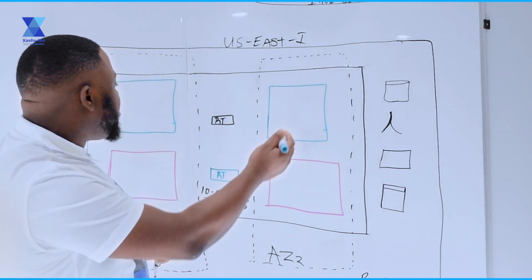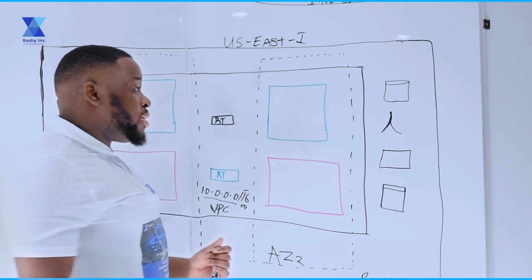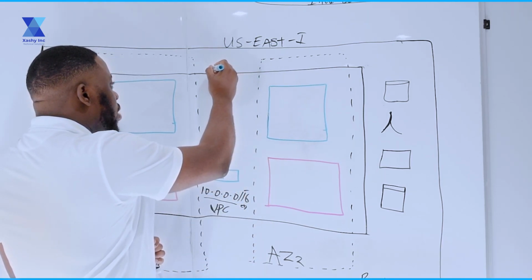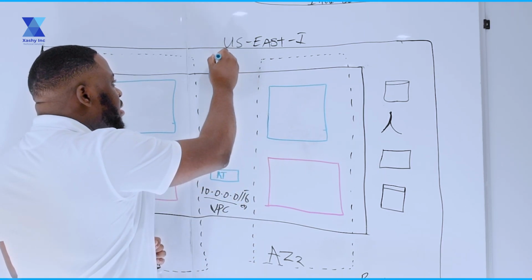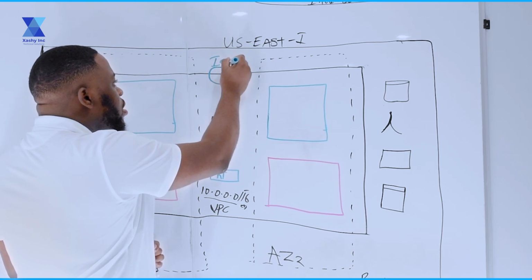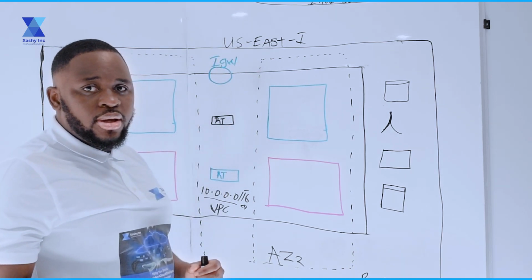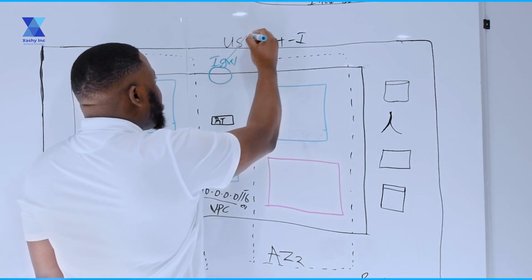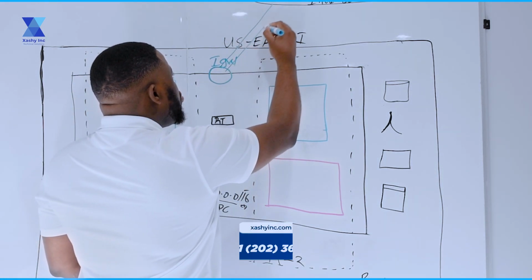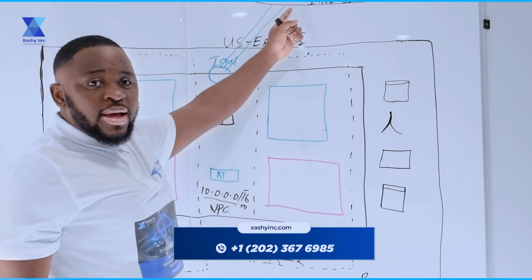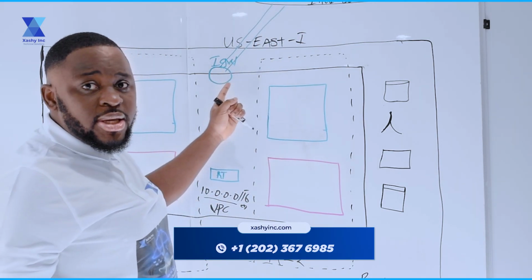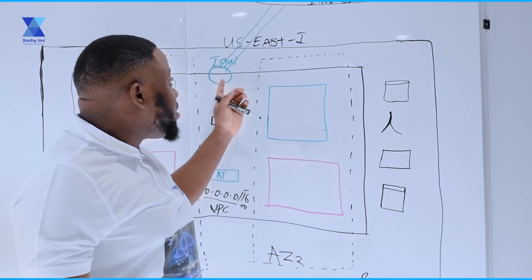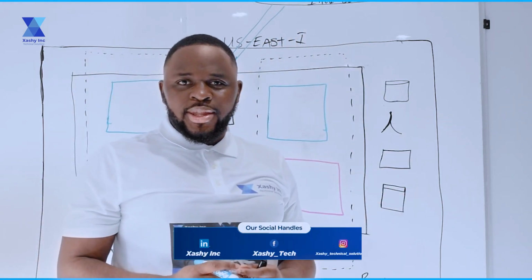So if you want your VPC to have access to the internet, what you're going to do is attach an internet gateway to that VPC. That internet gateway serves as a channel through which the internet is going to talk to your VPC, and your VPC is going to talk to the internet.